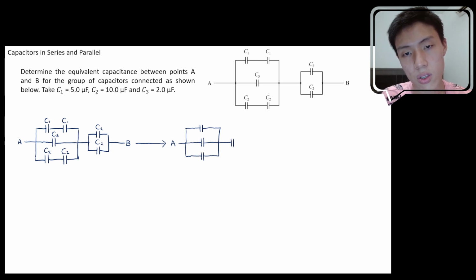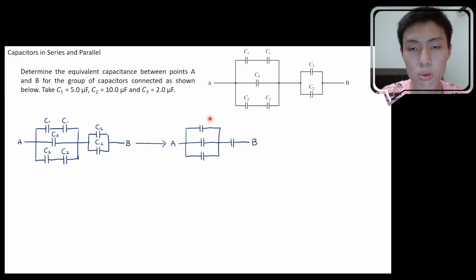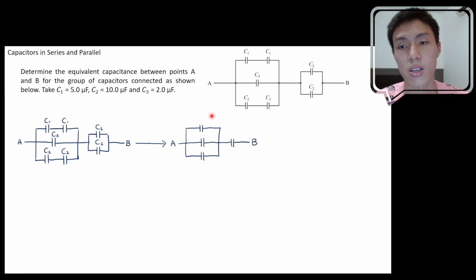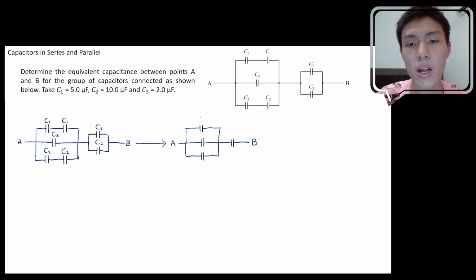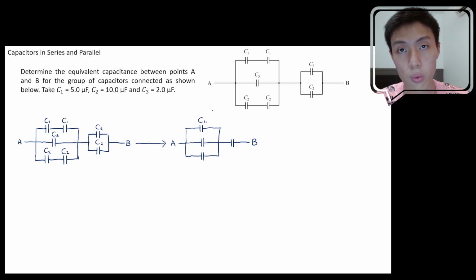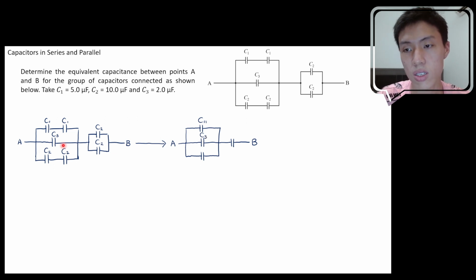Then the other C2 and C2 will also combine to be one single capacitor. So how should we keep track of which capacitors we combine? C1 and C1 we combine. What I usually do is write it as C11, meaning we merged 1 and 1. C3 remains as C3. This C2 remains as C2, we merge them together, so we call it C22.